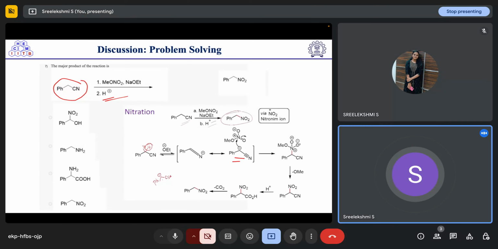Then the OMe will leave to stabilize the positive charge on nitrogen and form this nitro compound, which upon acidification converts the nitrile group into the carboxylic acid, and CO2 elimination results in the formation of this nitro compound. So this is an example of a nitration reaction, which goes through the NO2+ nitronium ion.